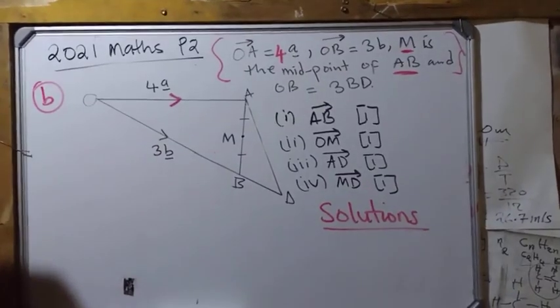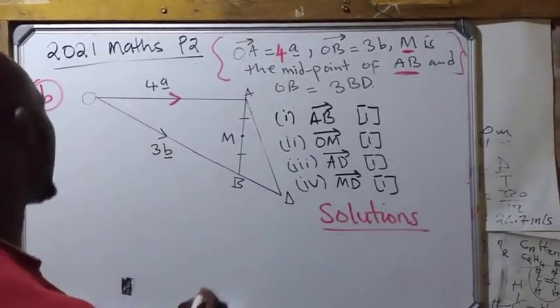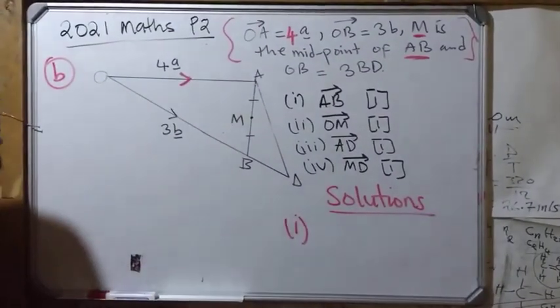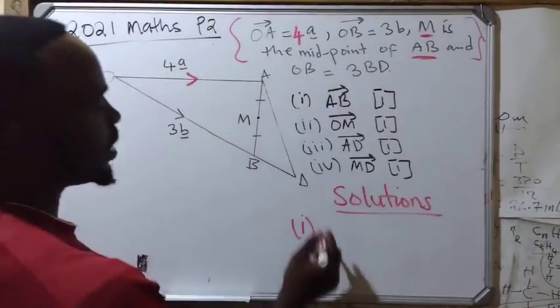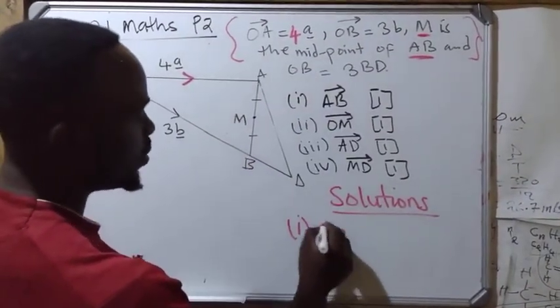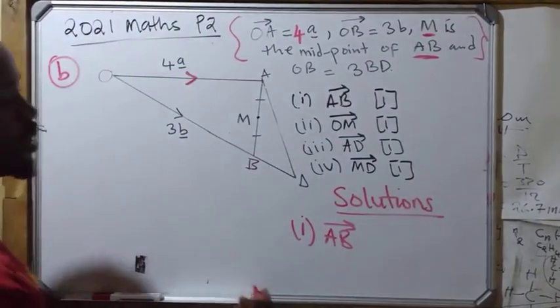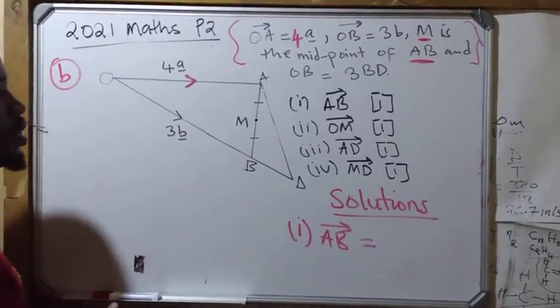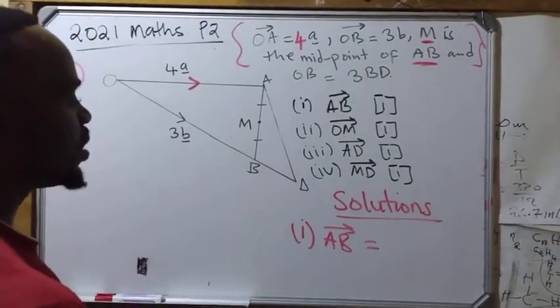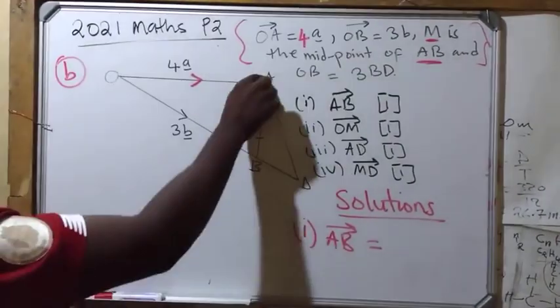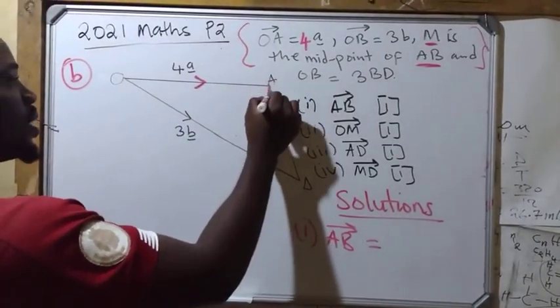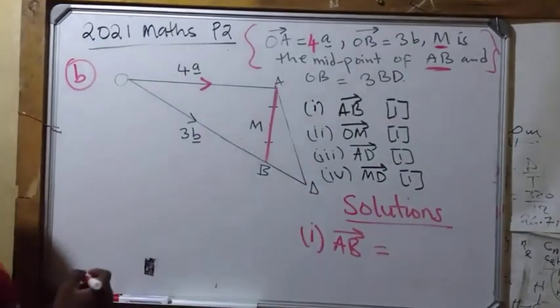So how can we answer our questions? Start with Roman numeral 1. We are finding the vector AB, the direction movement from A to B. To find AB, what do you do?